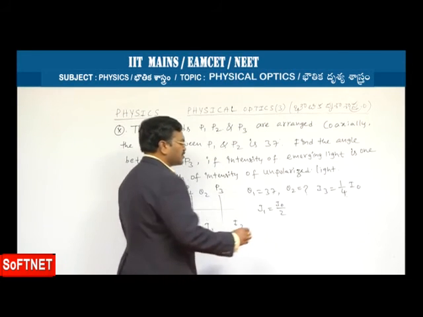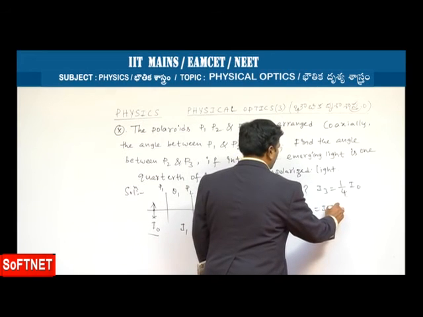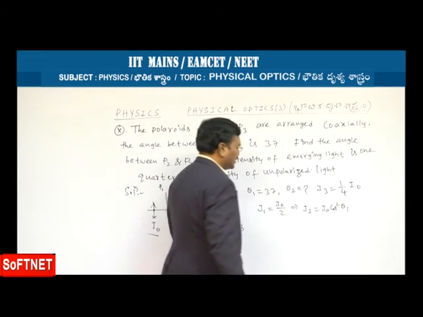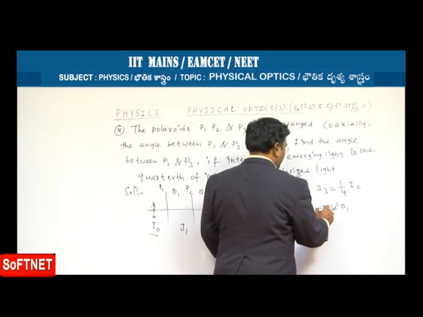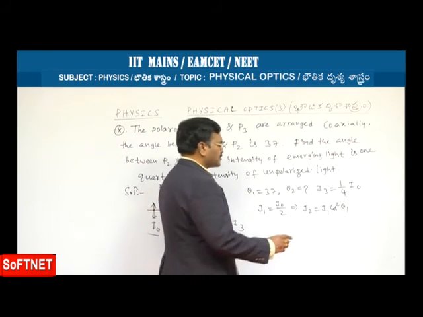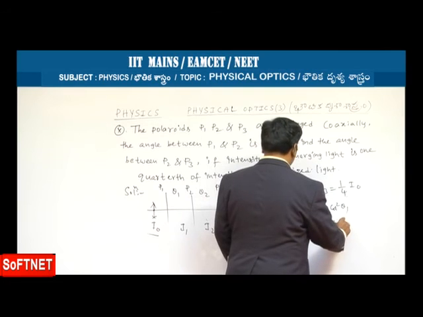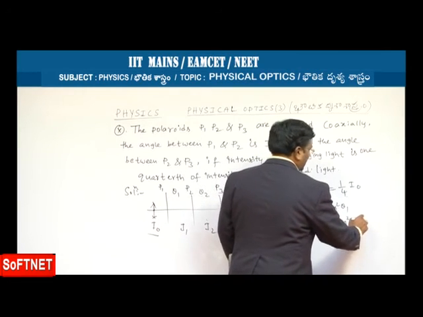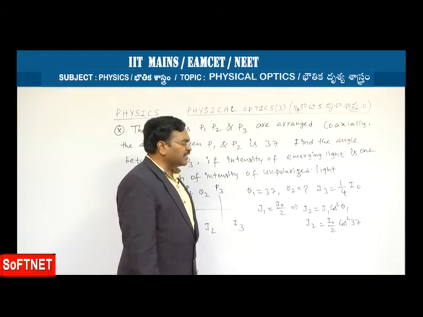I2 is equal to I1 cos square θ1. I1 is I0 by 2, so I2 is equal to I0 by 2 cos square 37. Cos 37 is 4/5, remember that.